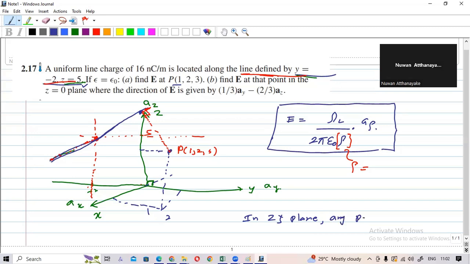Any point on the line charge in the z-y plane is defined by y equal to -2 and z equal to 5. Because in the z-y plane, this line is going through these two points, any point is defined by these two coordinates. This one you should understand.